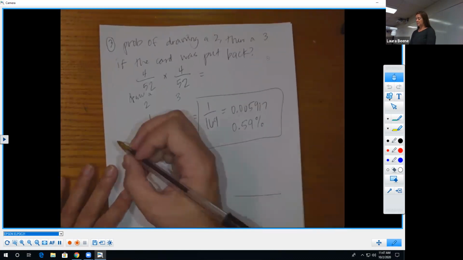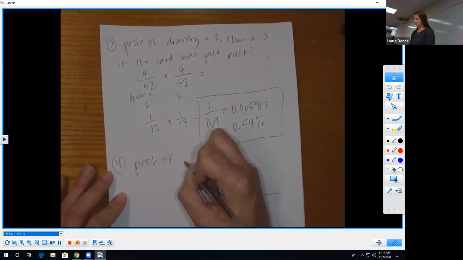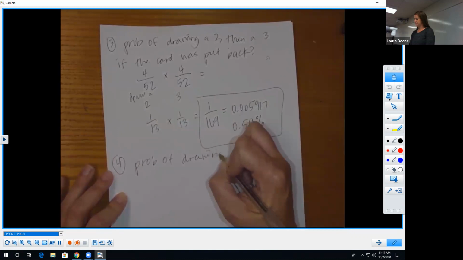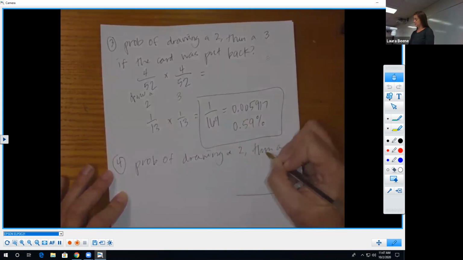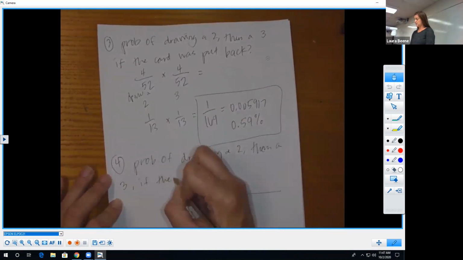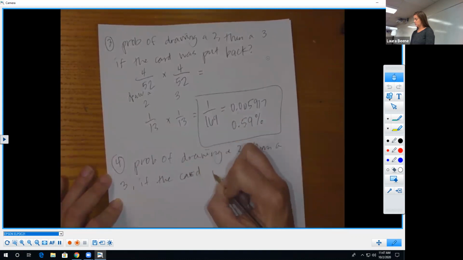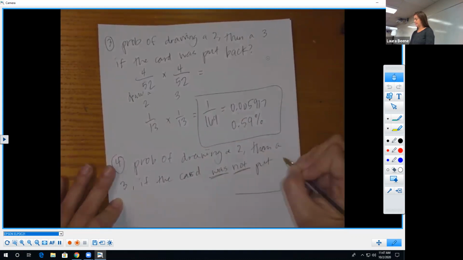Okay, so let's do the same problem. So probability of drawing a 2, then a 3, if the card was not put back.